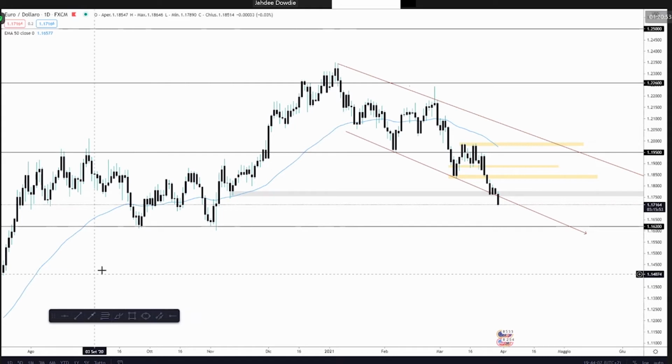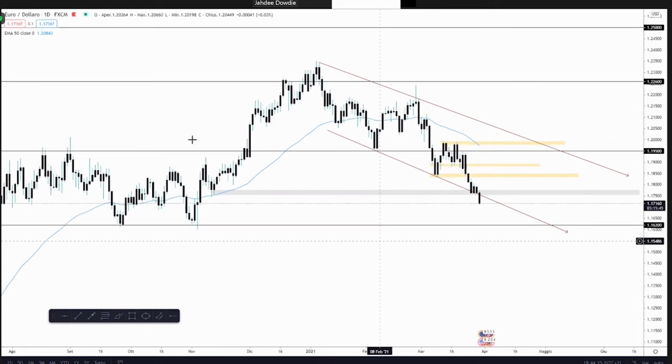Unfortunately, with the structure. For example, here we are on the daily EURUSD.